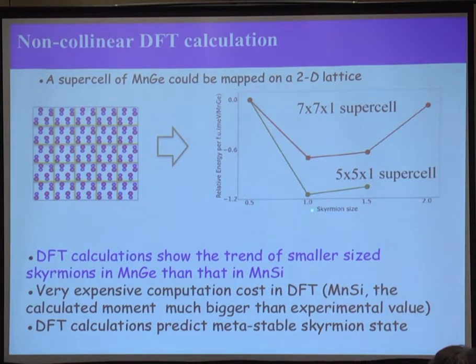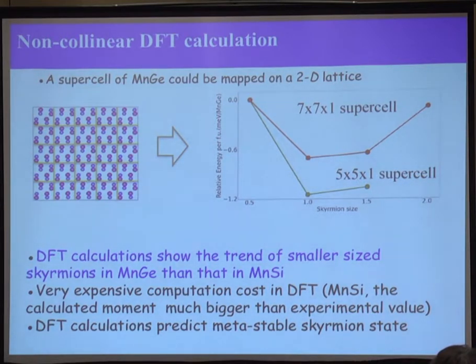However, in the magnesium germanium, we do get a reasonable value of about 2.0 in magnitude, as compared to the similar value observed. On the other hand, that's the DFT calculation. As I mentioned, because we don't have the magnetization included, we always get the stable phase to start with.